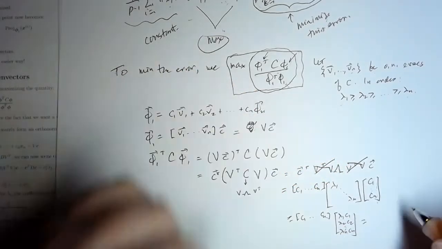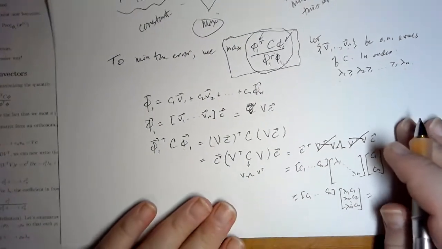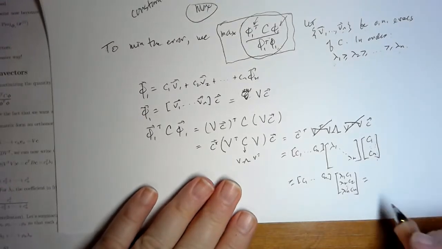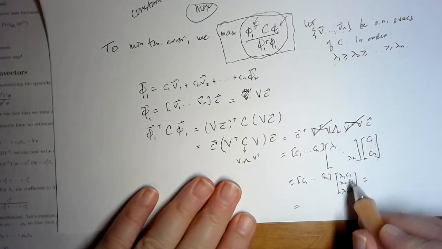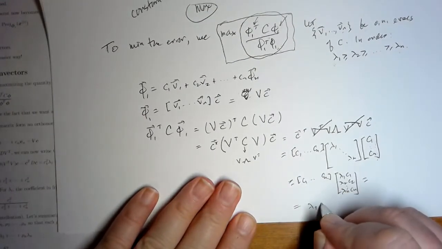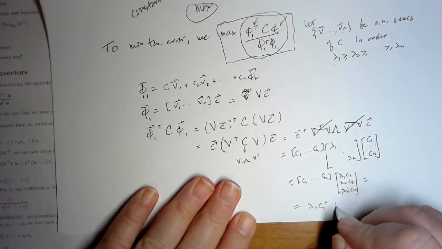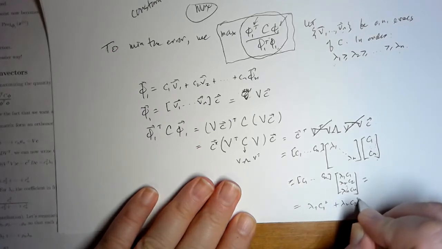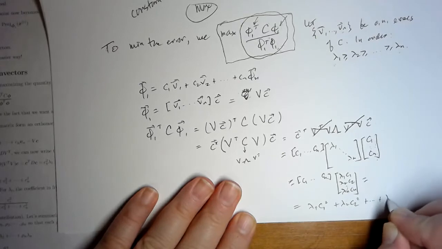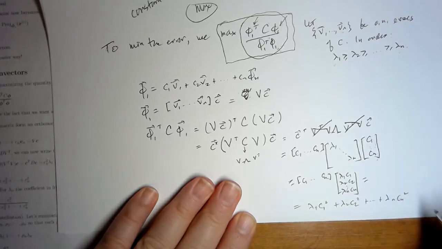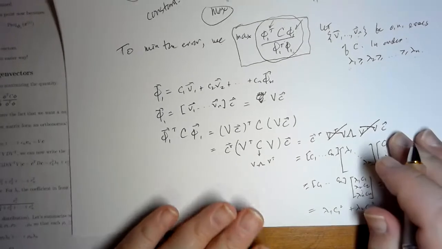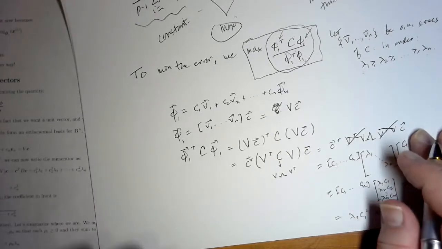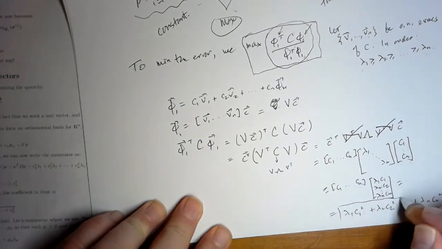And so do you see what you're going to be left with? Am I still on the screen? That's going to be lambda 1 C1 squared plus lambda 2 C2 squared plus lambda n Cn squared. Okay. Good.